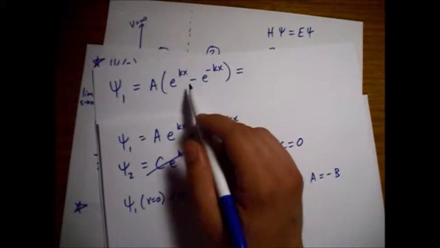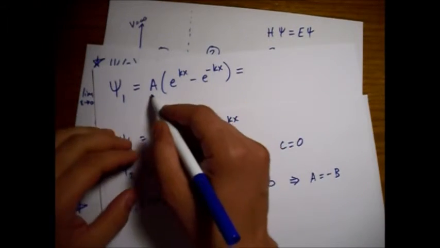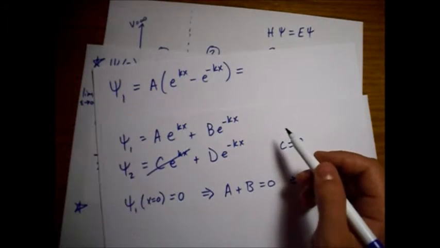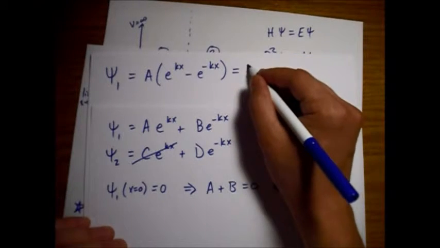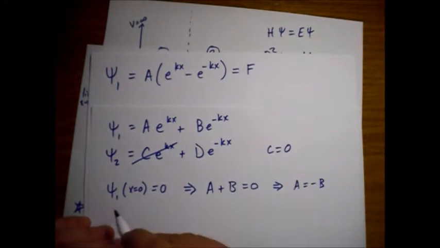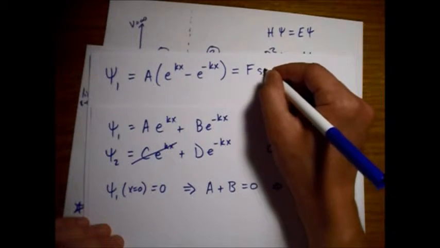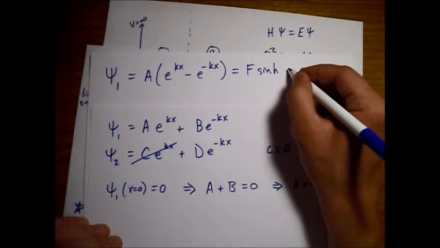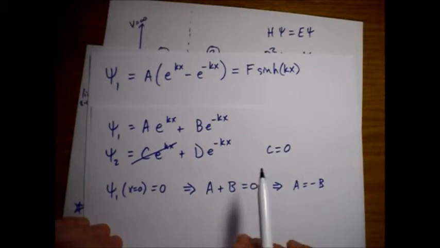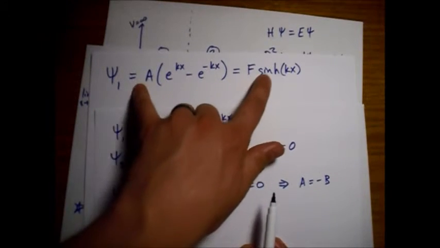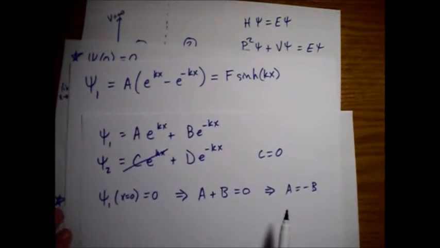I'm going to take the 2 out and combine it with this constant out here, and to be strict about this, let's give that constant a new name, f, since we don't want to use e because that's energy. So we have f times the hyperbolic sine of kx. Now we're down to just one unknown constant for region number 1.